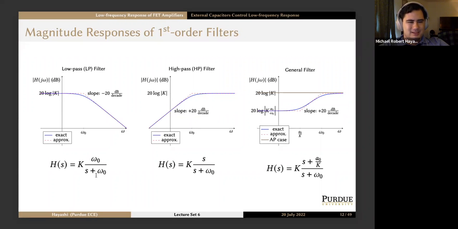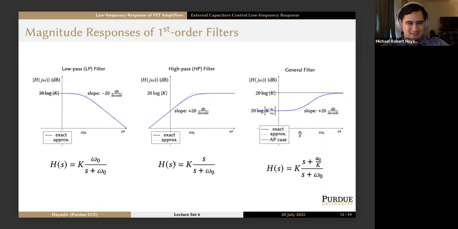Well, this is going to start at 20 times log k at an absolute value, and then it's going to roll off once it reaches omega naught with an asymptotic slope of negative 20 decibels per decade. And the exact one is in blue where it's 3 dBs down at omega naught, and then the Bode plot is the red dashed line using piecewise linear approximation.